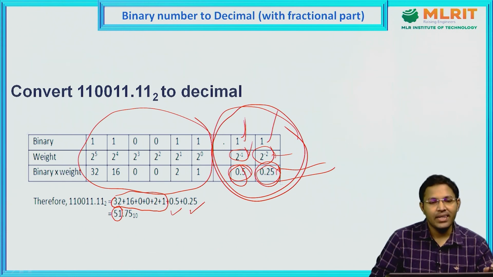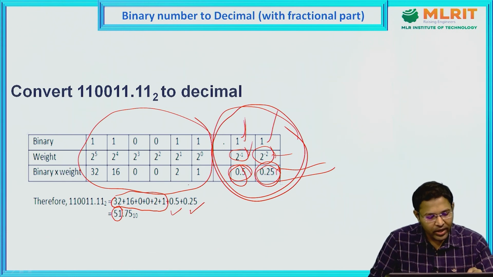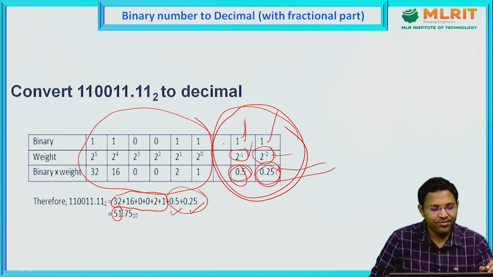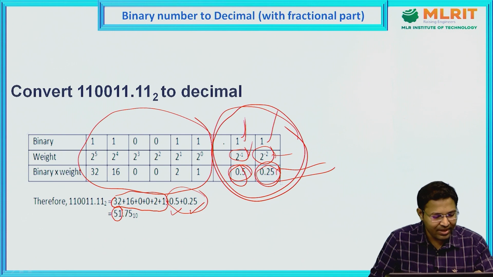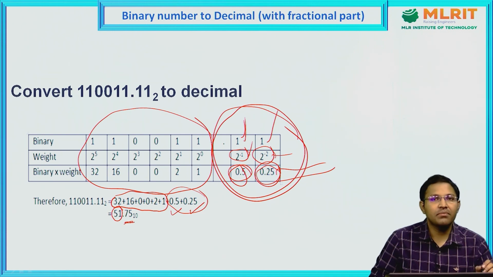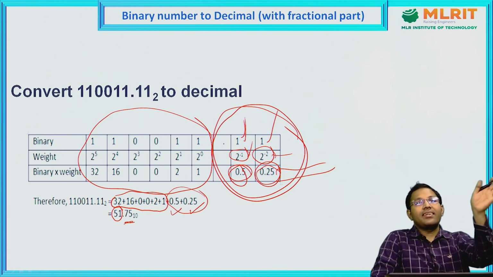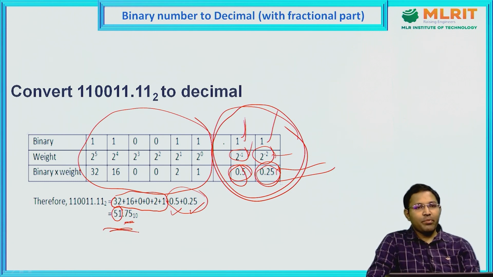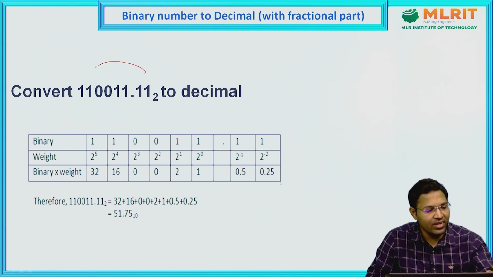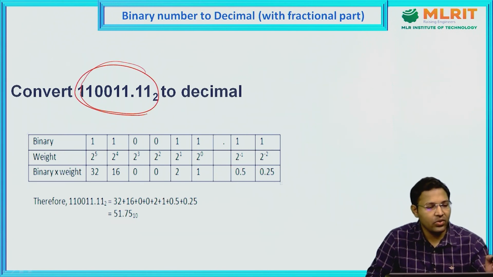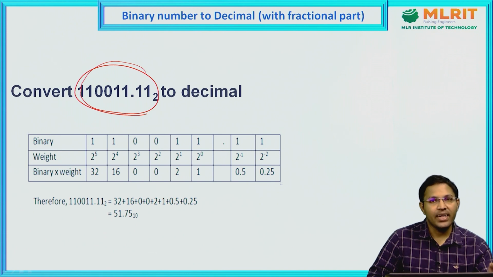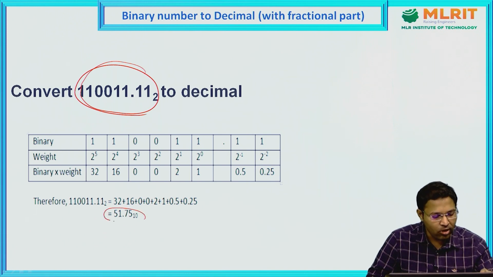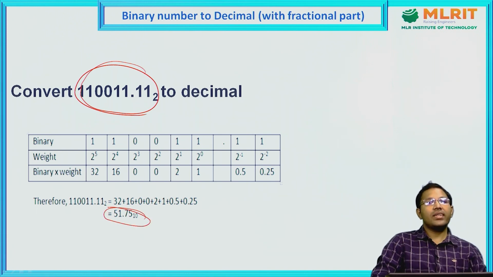So 0.25 plus 0.5 gives us 0.75. That 0.75 you can join here. Earlier you had 51, 51 plus 0.75 should give us 51.75. So the final answer of conversion of this particular binary number into decimal form is 51.75 to the base 10.